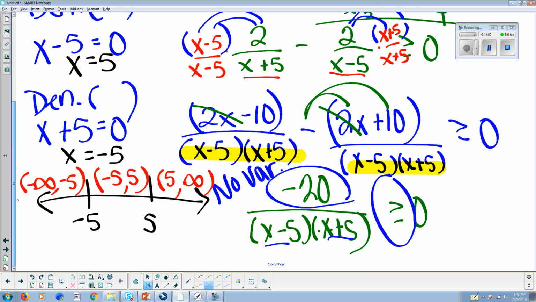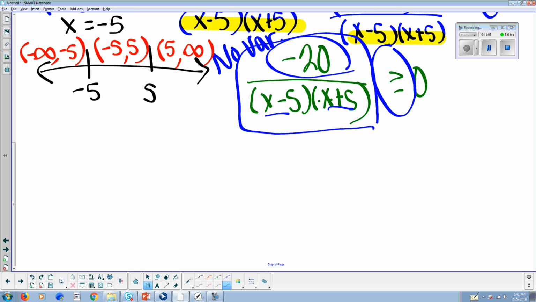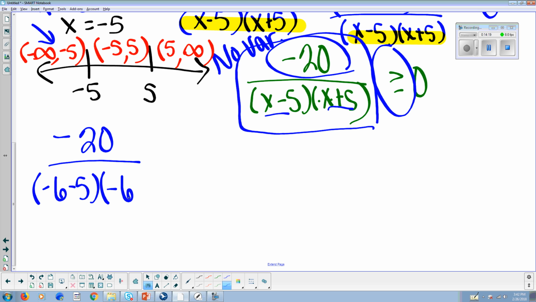Last, we substitute, and what I'm going to use to substitute is numbers from the interval, and I'm going to substitute into this right here. So I'll try substituting -6 from this interval. So I'll get -20 over -6 minus 5 times -6 plus 5, greater than or equal to 0.